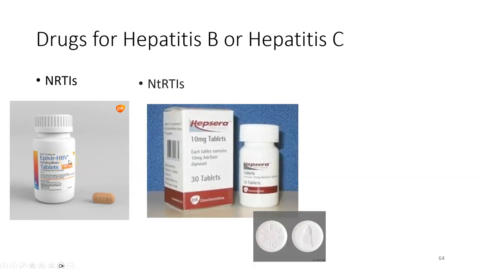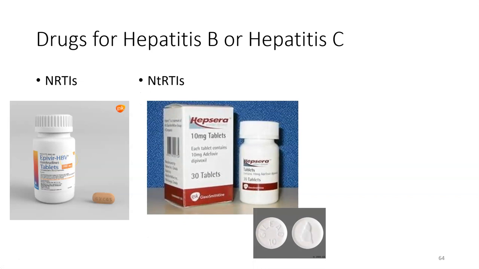We also use nucleotide. So NRTI is nucleoside, and NtRTI is nucleotide reverse transcriptase inhibitors. This is adefovir, and the brand name is Hepsera. It's for hepatitis. This restricts the viral enzyme reverse transcriptase.